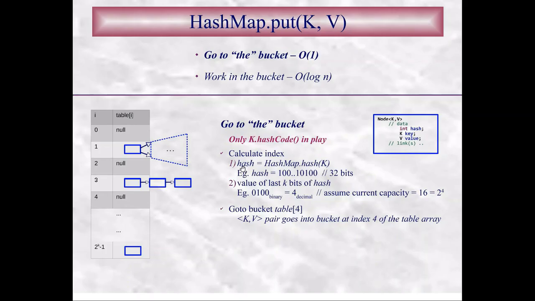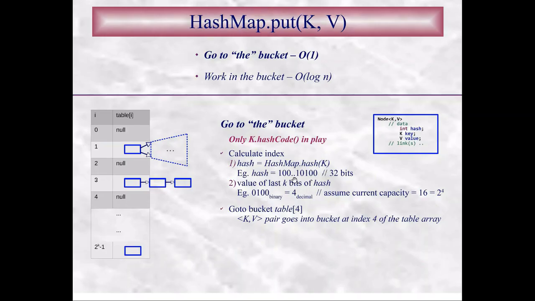And for that, we are calculating the hash, invoking that hash method. In this example, there are 16 cells. The table capacity is 16. That's 2 to the 4. Remember, always a power of 2. So looking at only the rightmost 4 bits will give us one of these indexes.